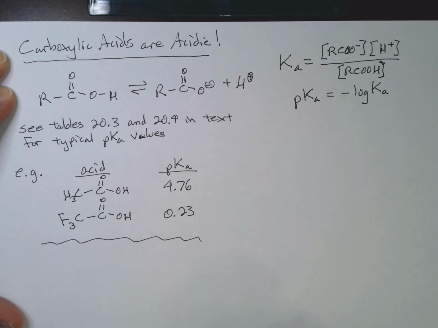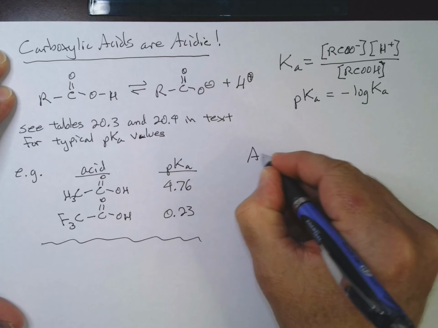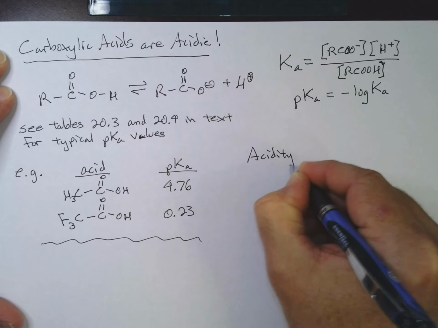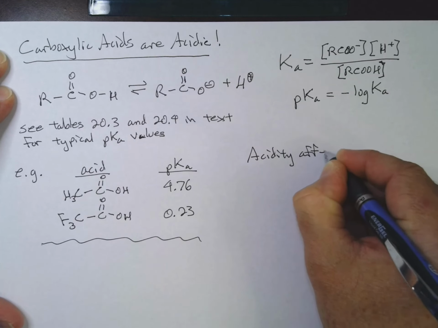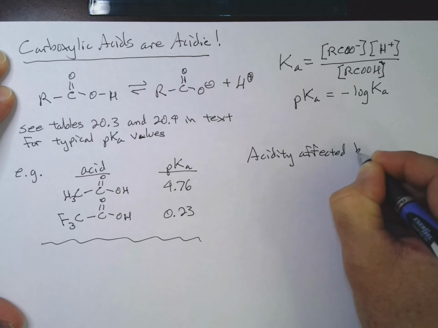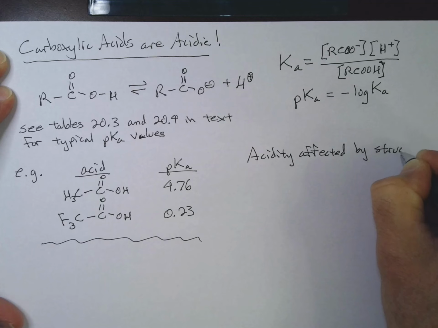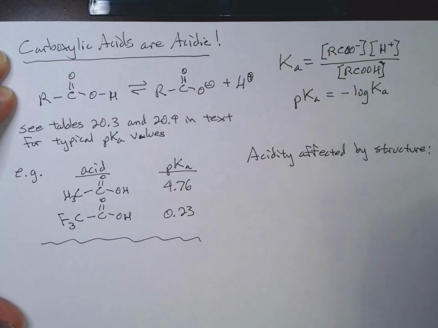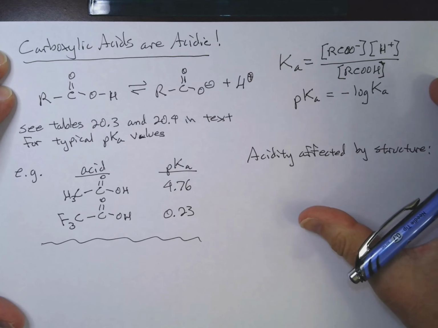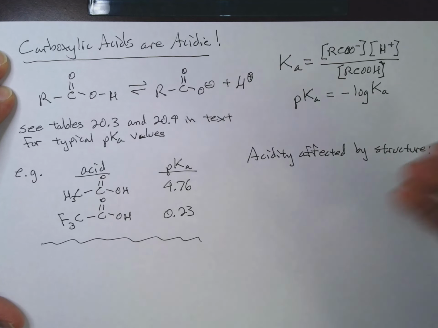Now, why is that? Well, our acidity is affected by structure. So anything that can stabilize the negative charge on our conjugate base will give a stronger acid. In particular, we're going to look at inductive effects.